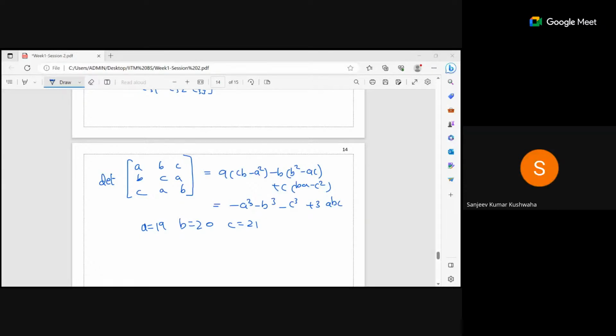Now if we take the product of the diagonal entries, will it be equal to the determinant of the matrix?